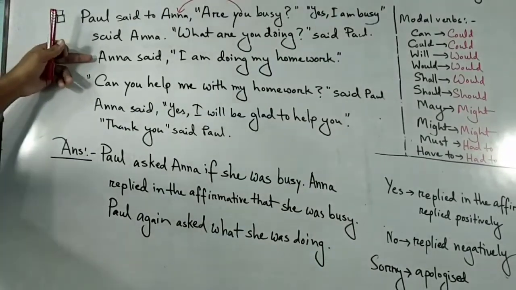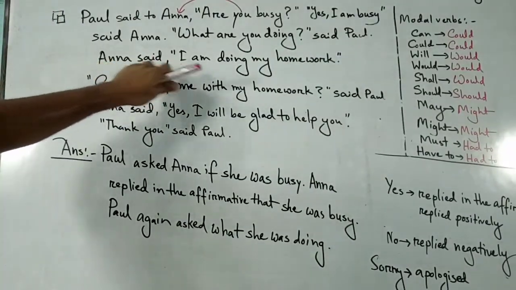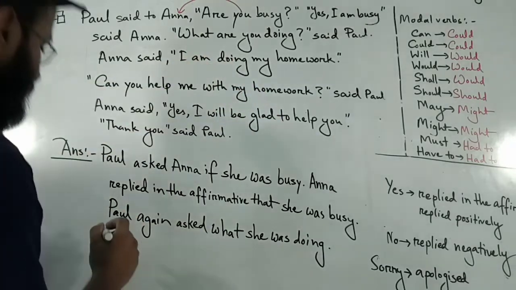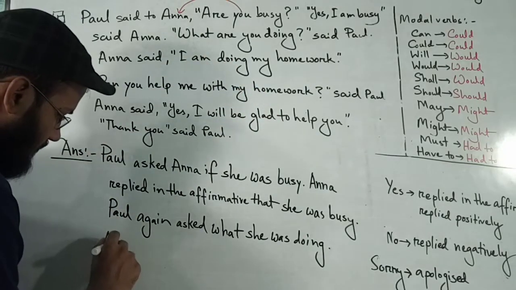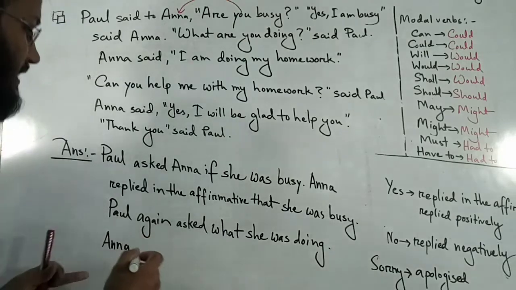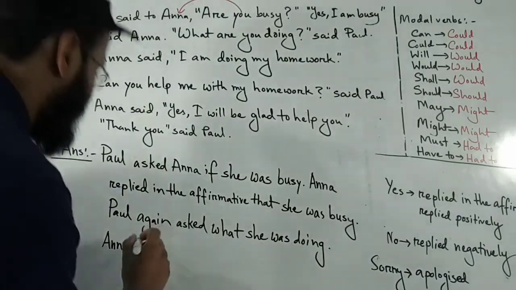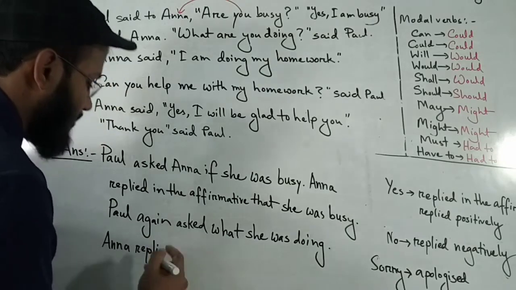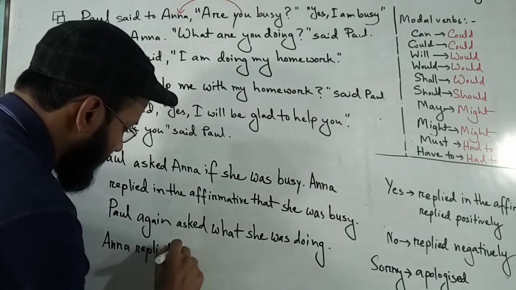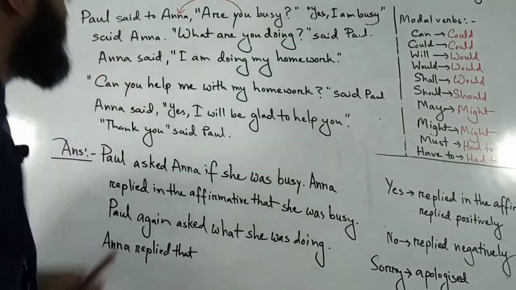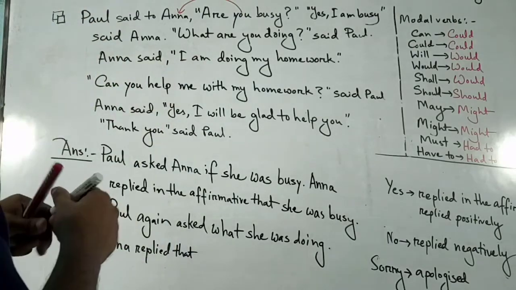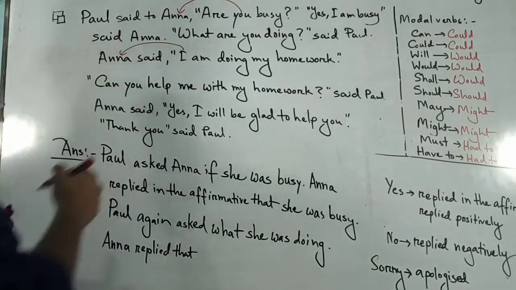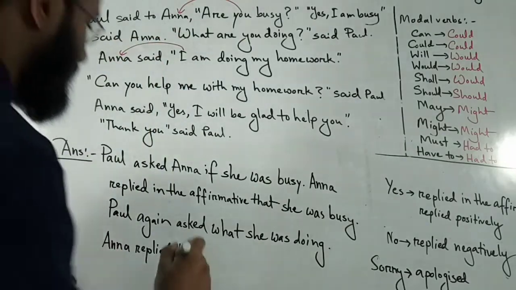Now let's see what Anna says. Anna said that I am doing my homework. And this one is an easy one. So instead of saying Anna said, we will again use Anna replied, since it's a reply to a question. Anna replied that I is the same person as Anna, so I'm going to write she.